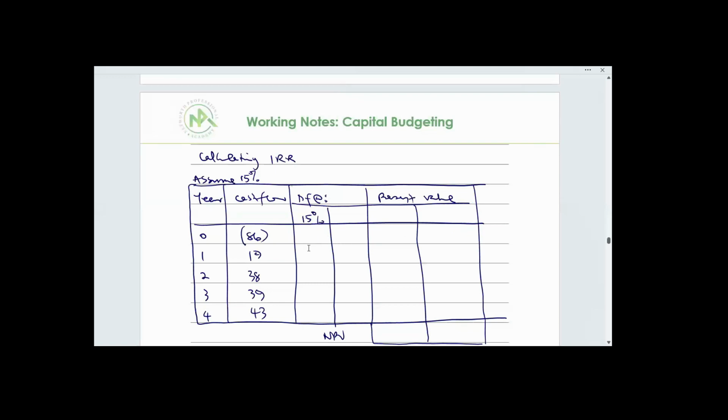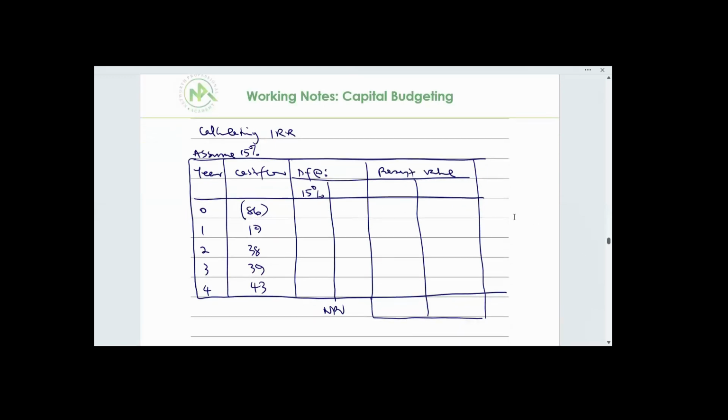What's the discount factor for year 1 at 15%? 0.870.